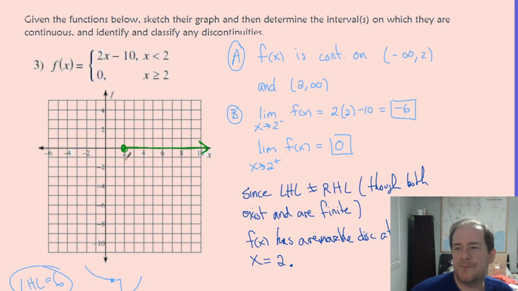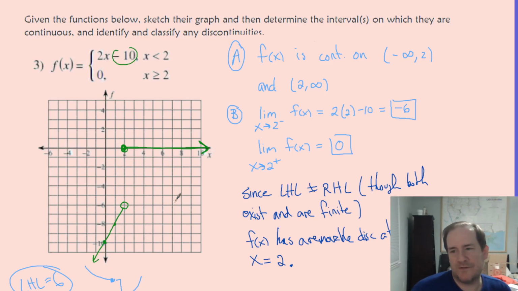Okay, so 1, 2, 3, 4, 5. Oh, it's marked right there. So we would get a big open hole here and a graph with a slope of 2. So left one down 2 and left one down 2. Or you could just say there's the y-intercept of negative 10. We're clearly getting a point at negative 10. So we've got this line here.